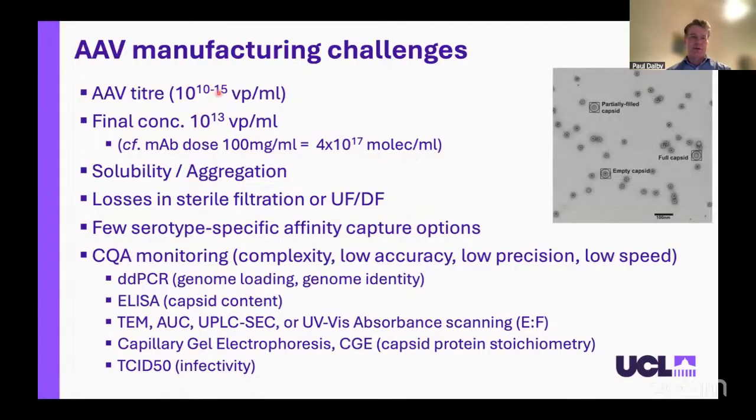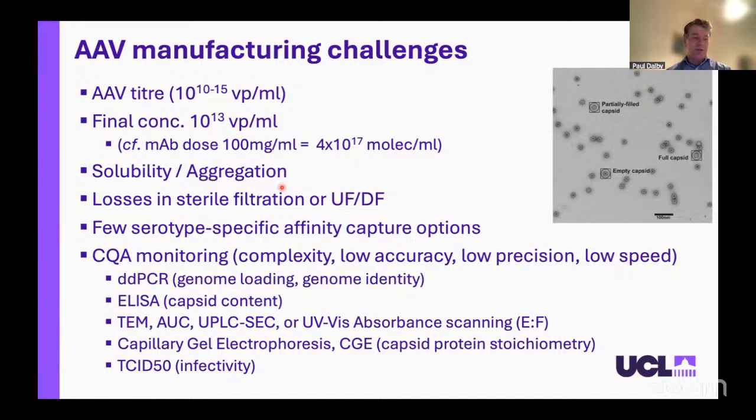Normally we're talking 10^10 to 10^15 virus particles per mL. So we're reliant on their potency. We don't typically get very high yield, so that's potentially a cost implication and a dosing implication.